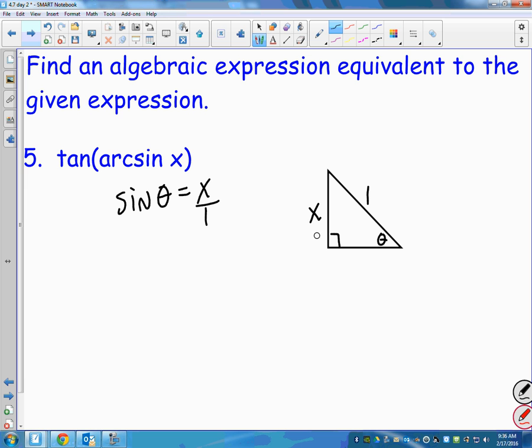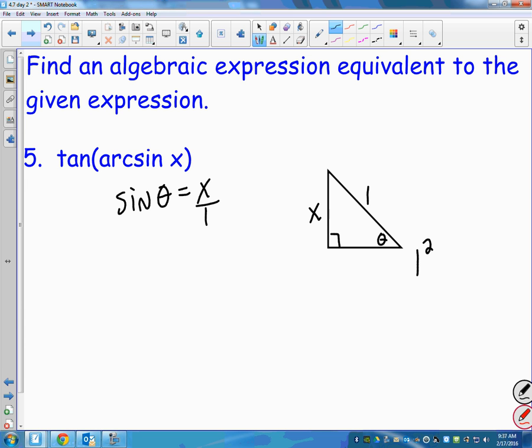But if I know this side is x and this side is 1, could I do Pythagorean theorem and figure out what this side equals in terms of x? Could. It's not going to be pretty. It's got a square root in it, and x in it. It'd be much nicer if this was a number and then you could actually work it out. But I could just do Pythagorean theorem here. I'm going to show a little bit of work on this one.